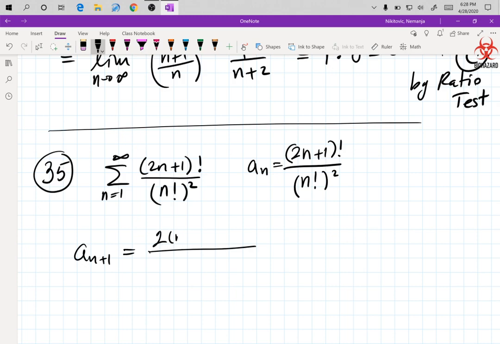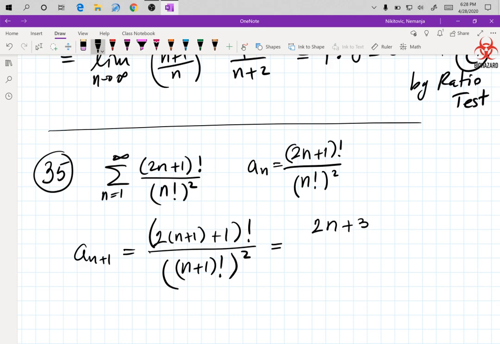This is 2 times (n plus 1) factorial, and then (n plus 1) factorial squared. So I have to do some magic here, right? So what do I have up there? I actually have (2n plus 3) factorial divided by (n plus 1) and then n factorial.